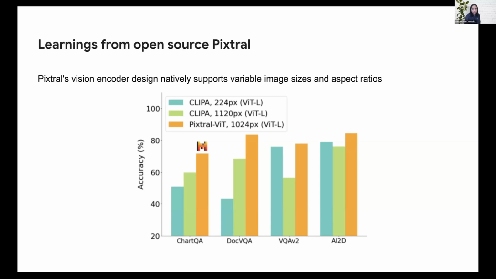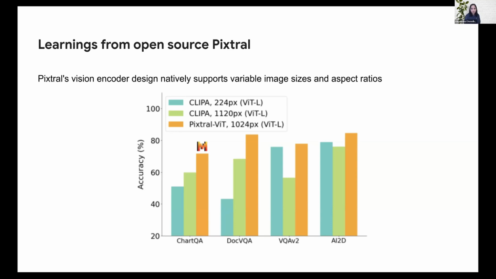Now, what Pixtral does is that it allows you to adapt to both high and low resolution by doing some random crops and feeding them as the input. And it allows the model to handle both high and low resolutions at their native aspect ratio. And this, as you see in ChartQA, gives a big boost in performance. ChartQA is a benchmark which does question answering over charts.